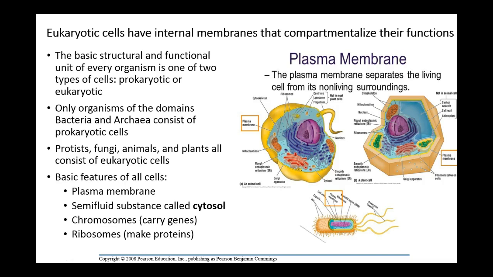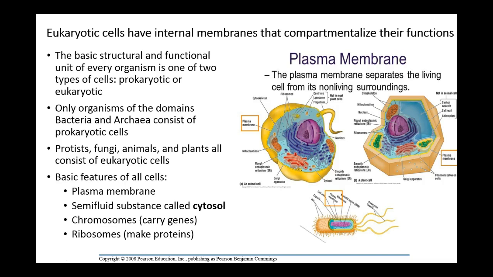You're seeing a bacterium image in your textbook, viewed with a transmission microscope, where you can see the chromosome is not membrane bound, where in a eukaryotic cell the chromosome is bound within the nucleus.